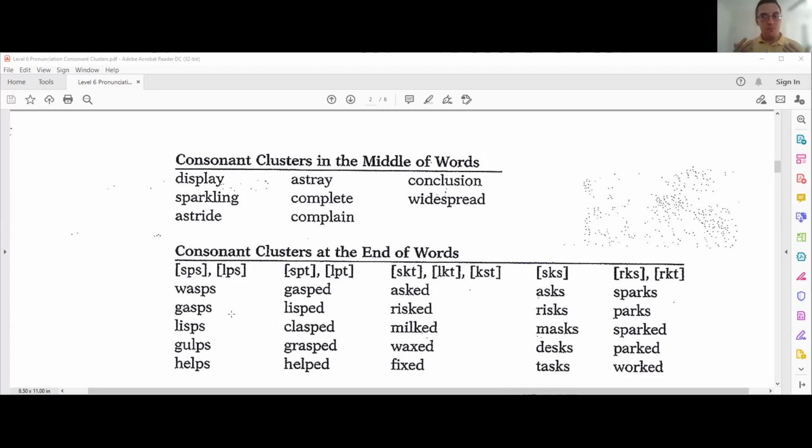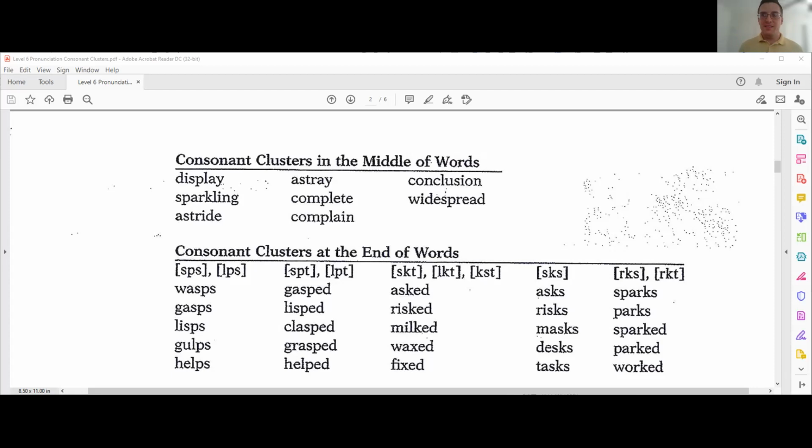So I can help you, but if I'm talking about the past, yesterday, I helped you. And you can hear the t at the end of helped. I need to park my car. I already parked my car. So because of the past tense ending, the present tense third person ending for he, she, or it, and also the plural noun ending, we find a lot of consonant clusters in English.